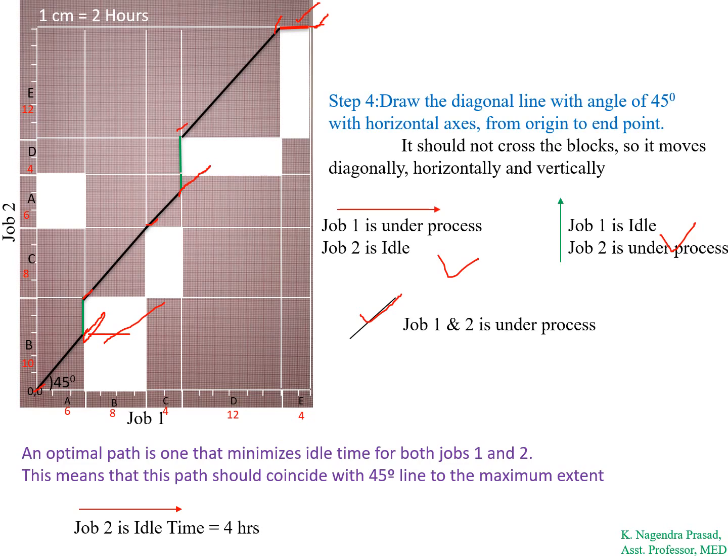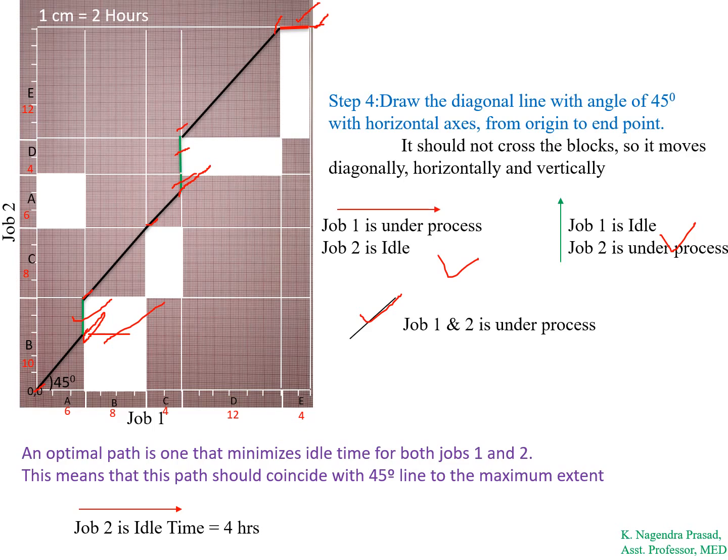Next we have to observe the length of the vertical line. Here one vertical line has 2 centimeters length, which means 4 hours. Similarly here one more vertical line has 1 centimeter length, which is 2 hours. Similarly here one more vertical line with a length of 2 centimeters, which means 4 hours.